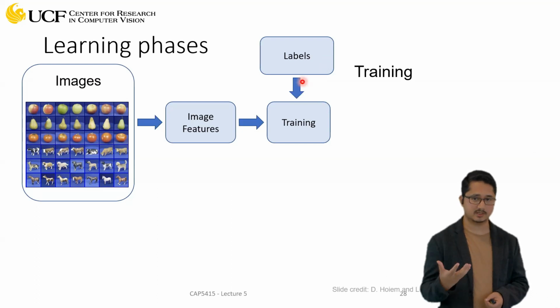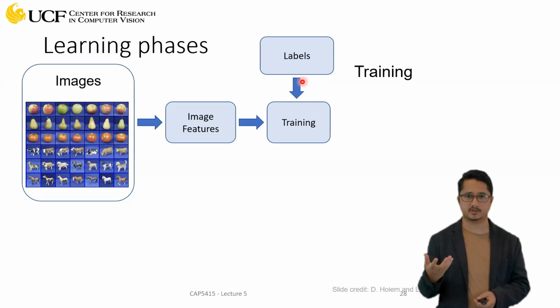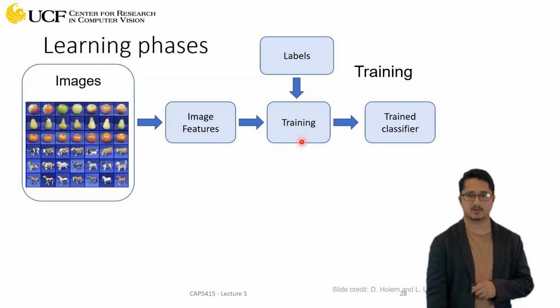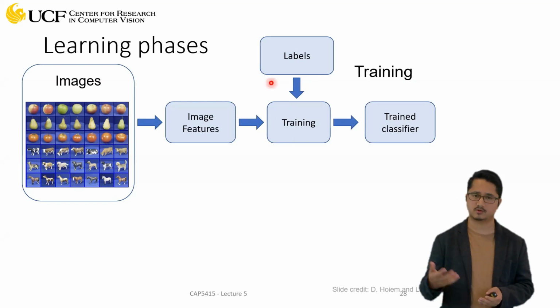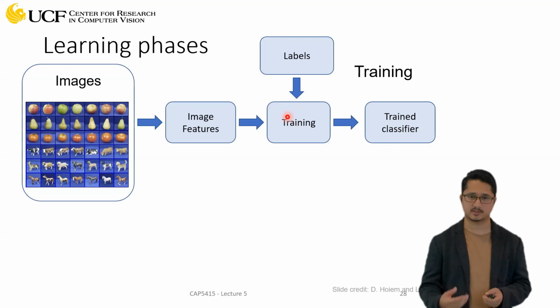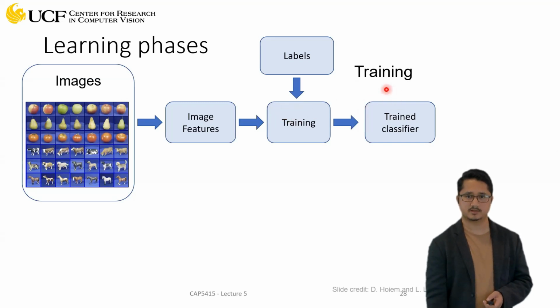All right, so that's why you need labels, and based on how good your model is doing, you will try to update this network. Once you have finished that process with the whole data set, you do a lot of iterations, a lot of rounds of that. And again, don't worry about it. We are going to cover that later in more detail. That's going to give you a trained classifier.